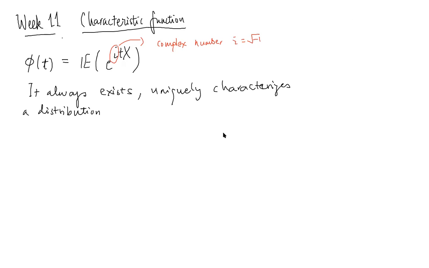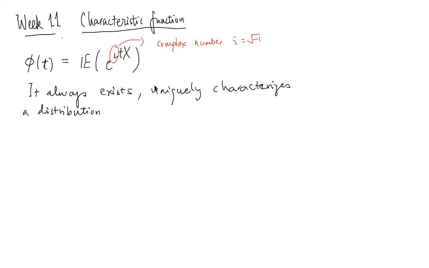Each well-known distribution has a characteristic function. So if you find a particular characteristic function that has a known form, then you can imply the identity of that distribution.